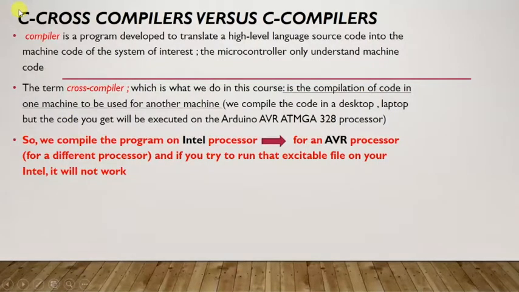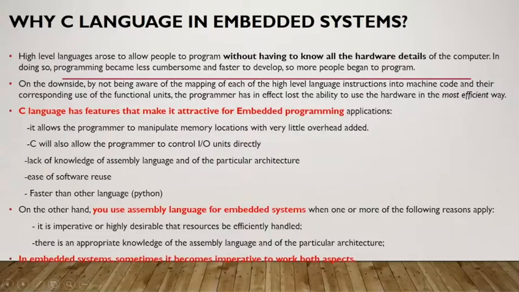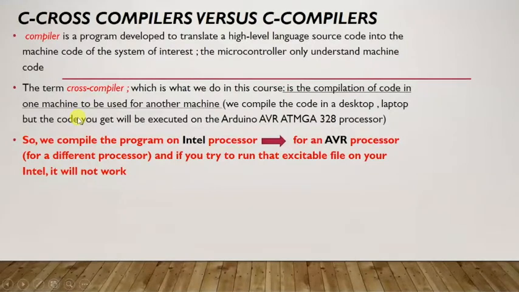So, what is C cross-compilation? As I said, we will use the C language, and the C language uses compilation. In our course, we will use C cross-compilation. What is the difference between C cross-compilation and other C compilers?